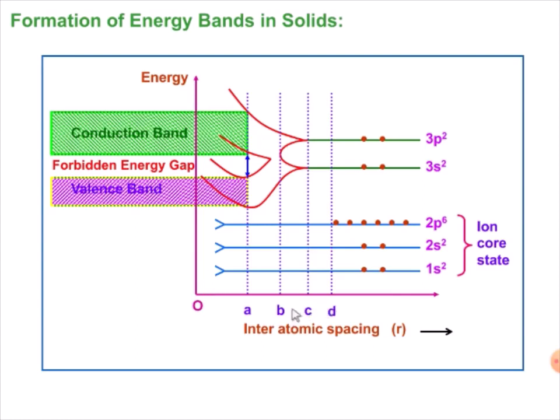When all these atoms are brought close to their actual positions, the energy levels of the valence electrons are modified, and we come to know that these are closely spaced energy levels of 4N levels. If capital N is the number of atoms of the silicon crystal, then there will be 4N levels which are very closely packed, and we call these levels the valence band.